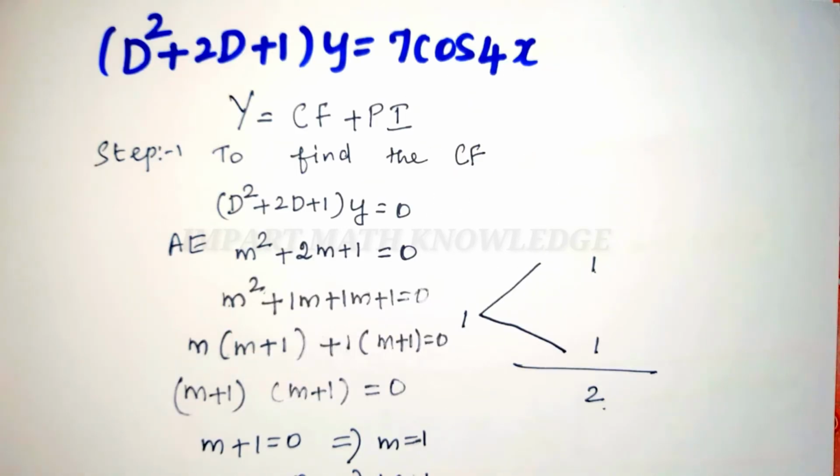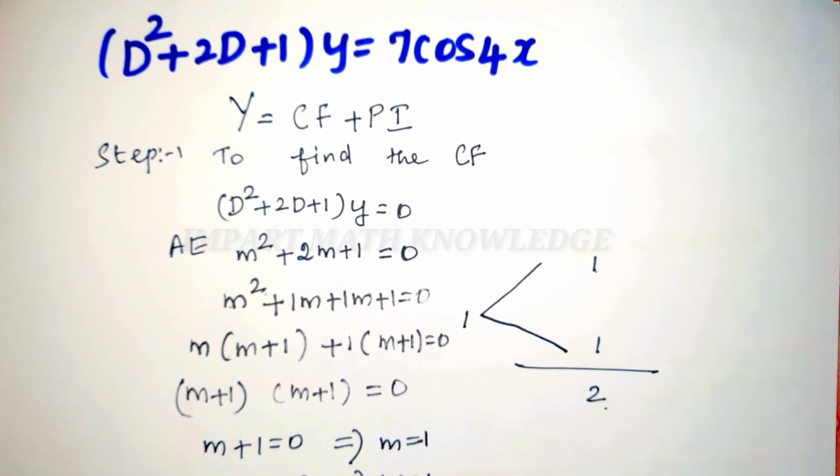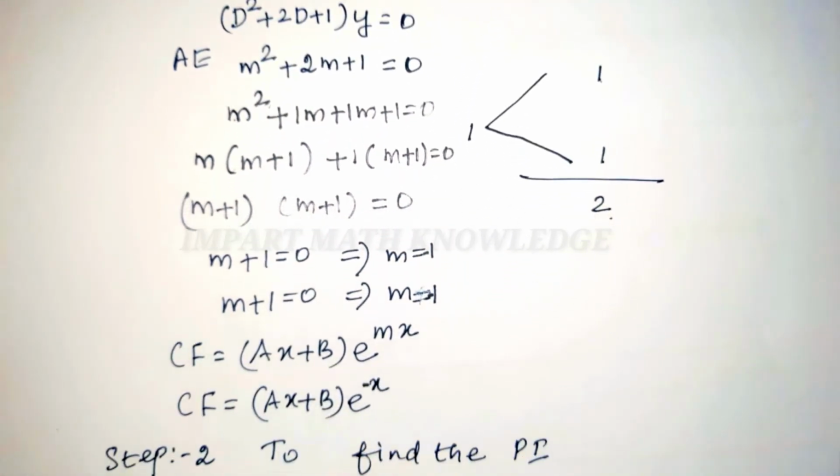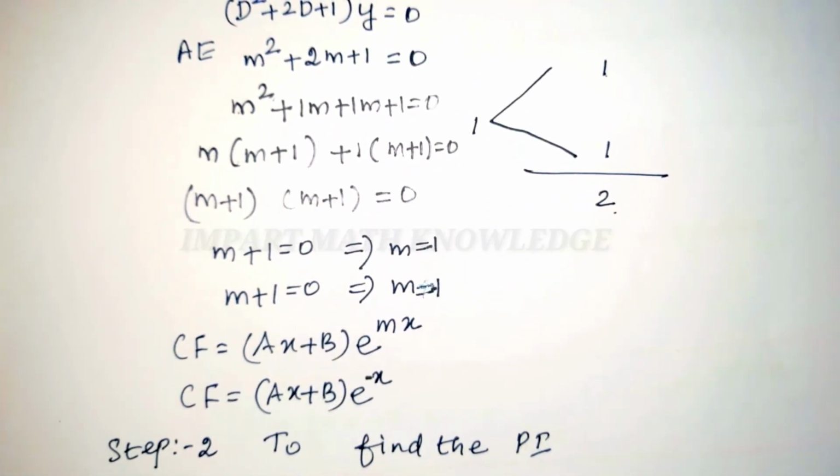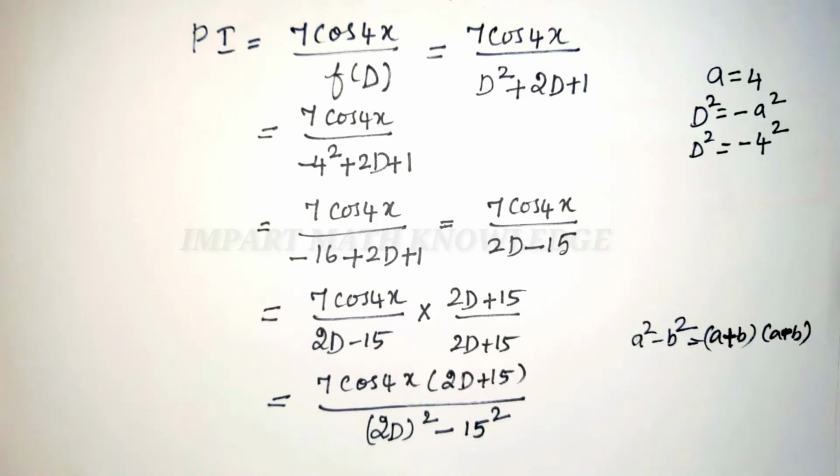In the given problem, right hand side is cos 4x. So first we have to find the complementary function. The complementary function is (ax + b) e^(−x). For the particular integral, first step replace D² by −a². Then take the conjugate of the denominator.